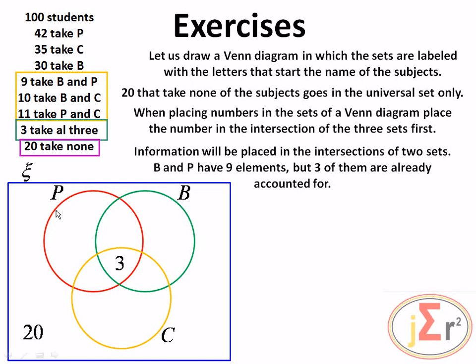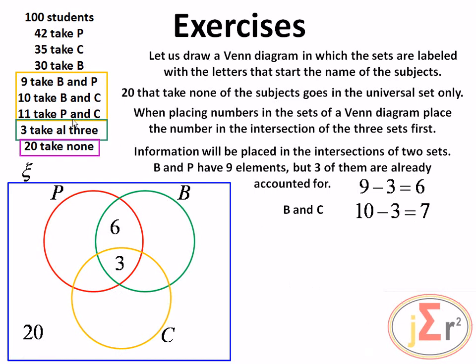So let us look in the Venn diagram. We see botany and physics, and they overlap right here. And we have 3 elements there already. So with a total of 9, the number that should go here is 9 minus 3, which is equal to 6. Goes right there. Botany and chemistry, right here.